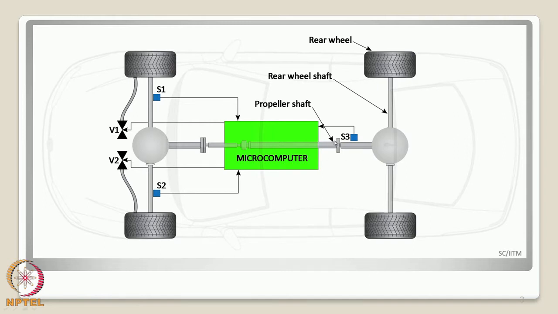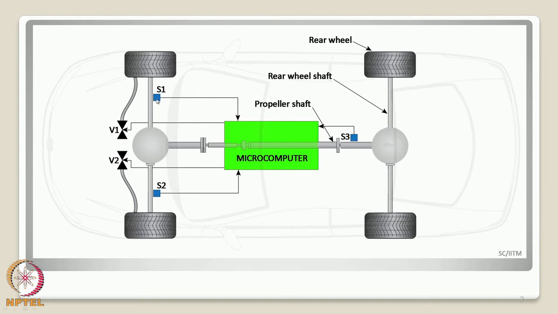This is what we call a propeller shaft in the design, and microcontrolled sensors are located on the front as well as the rear wheel shafts. There is a sensor S3 located here which is connecting the driving shaft to the propeller shaft, and the 4 wheel shaft has 2 sensors S1 and S2 which will be feeding information to the central microcomputer.